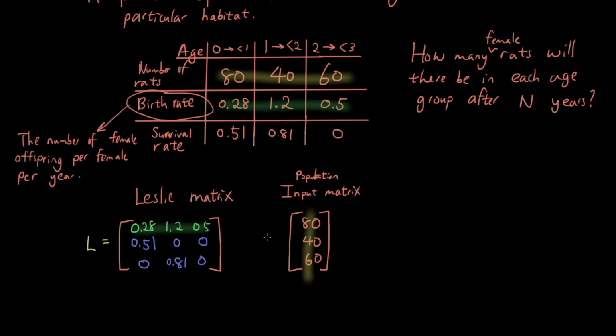And then I'm going to label the population matrix as N, and this is how many rats there are right now. So let's call it N1.